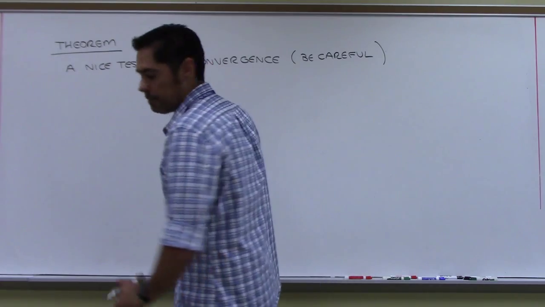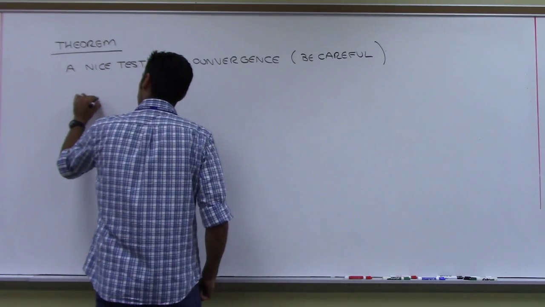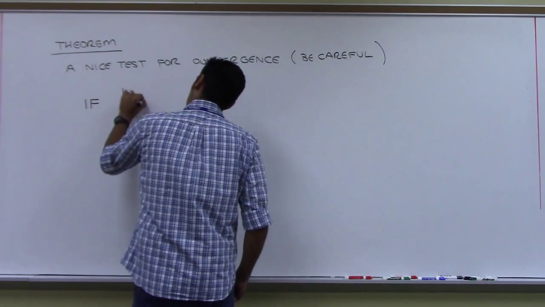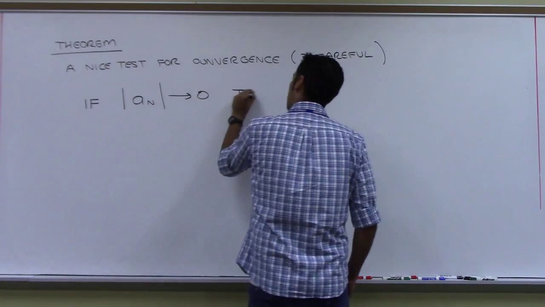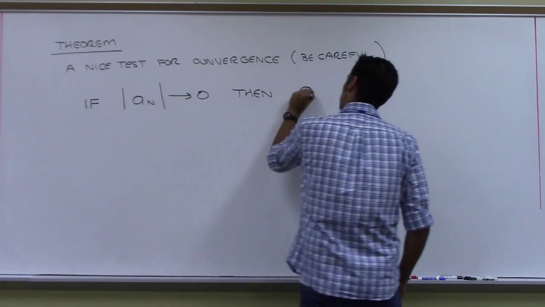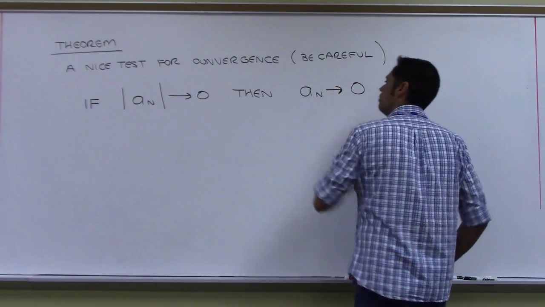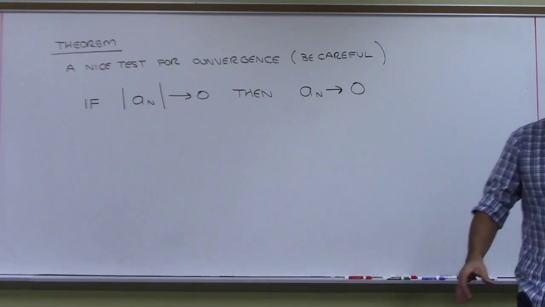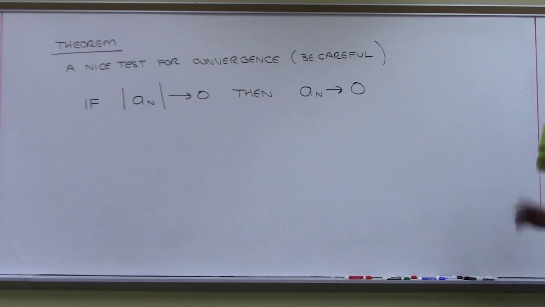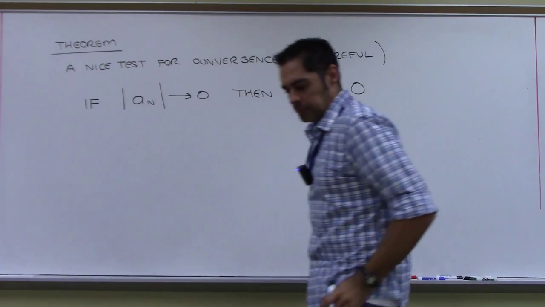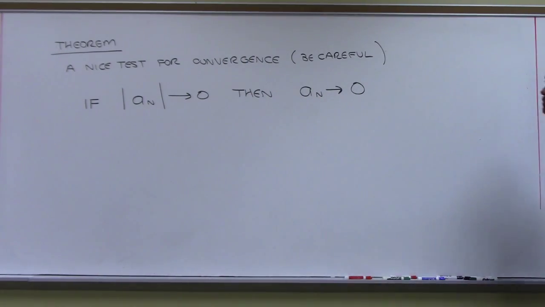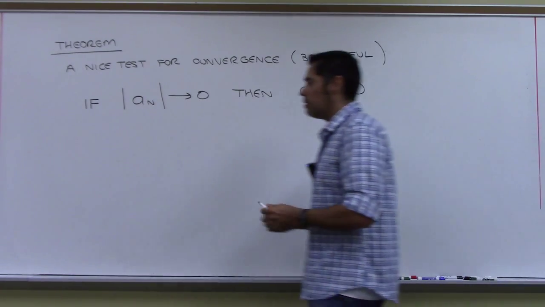All right, here it is. The theorem says if the absolute value of a sub n goes to 0, then a sub n goes to 0. Let's read through the theorem.